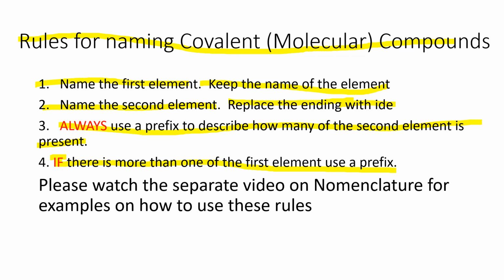What would also be a good idea is before you watch that video, print out the slide. That way, as we're going through the examples, you'll have these 4 rules, these 4 steps that you can be following along with as we're working through these nomenclature examples. So definitely make sure you watch that separate nomenclature video.